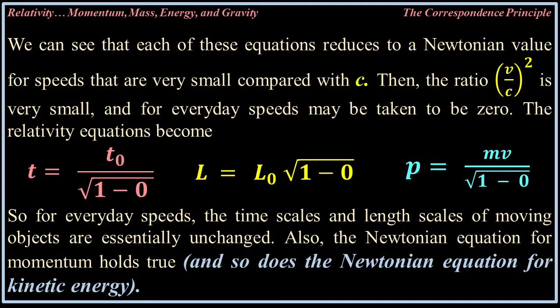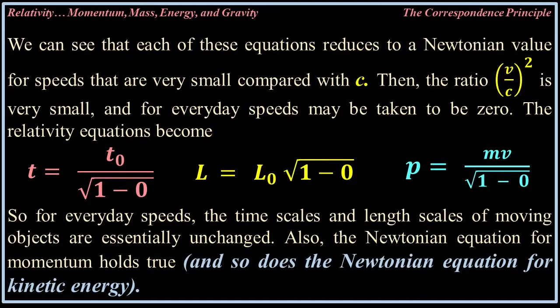We can see that each of these equations reduces to a Newtonian value for speeds that are very small compared with c. Then the ratio of v squared over c squared is very small, and for everyday speeds may be taken to be 0.